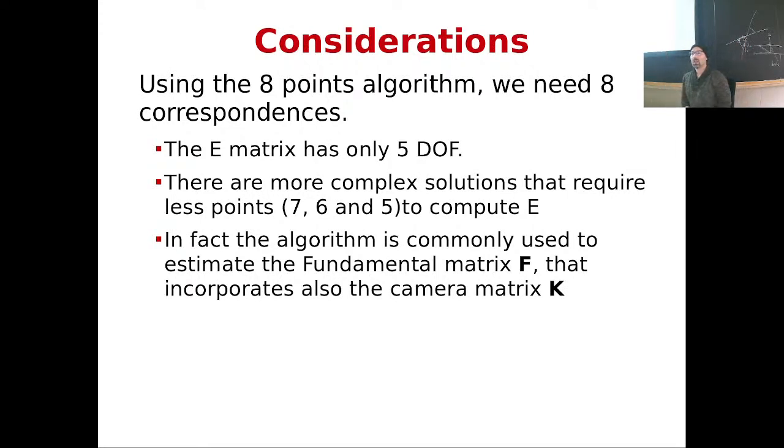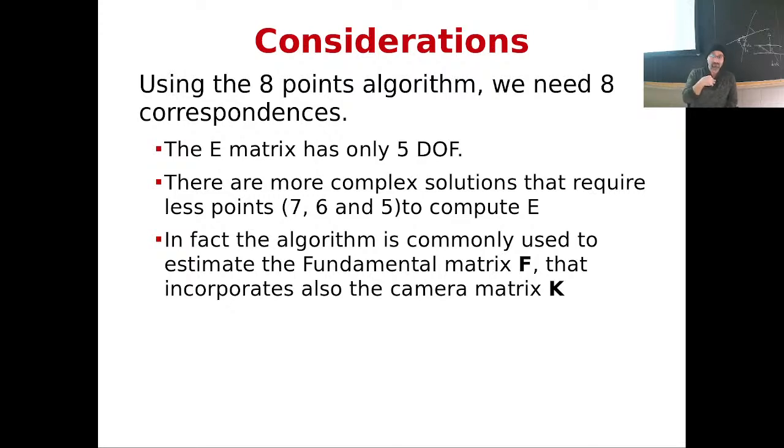In fact, what we have done now is to take the easy way. The E matrix has only 5 degrees of freedom. Why? Because the E matrix is the product of a rotation matrix, which has 3 degrees of freedom, and a translation vector up to a scale, which has 3 minus 1, so 2 degrees of freedom. So if the E matrix has only 5 degrees of freedom, in theory I should only need 5 points to estimate it.